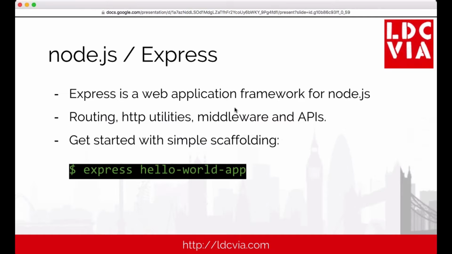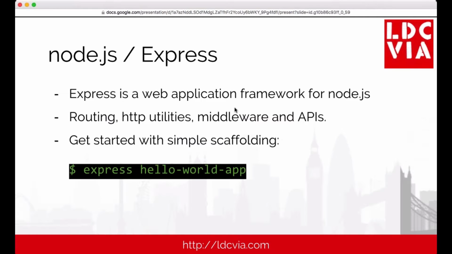There's just an example on that slide now, just a simple command line which will generate a file directory structure for a new application called Hello World App, and it will create all the basic placeholder files that you would need. So the entry point application file, directories to handle assets, like style sheets and JavaScript, and so on and so forth.